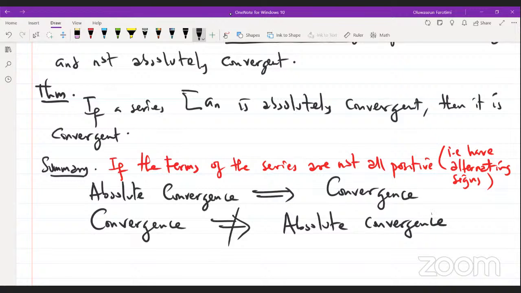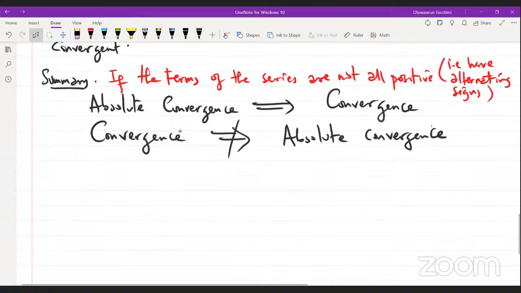Okay, whenever a series converges absolutely, that means the series is convergent. But when a series converges, it does not mean that the series converges absolutely. Okay, keep that in mind, everyone. And that is the subject of conditional convergence.